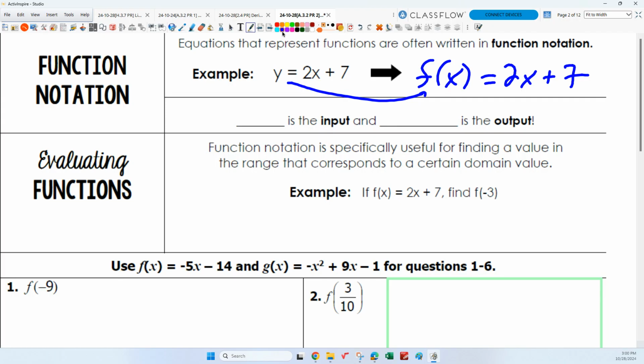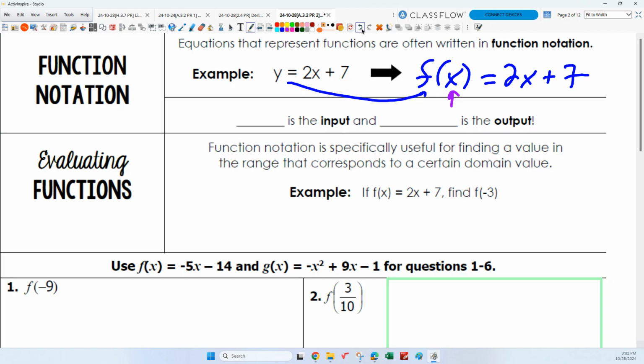When it's in function notation, the whole point is that it's telling me I'm going to be inputting values of whatever the variable is that's in the parentheses and calculating the output values by plugging in those types of inputs. So in the blue equation up here, when we write this in function notation, which variable is the input variable?